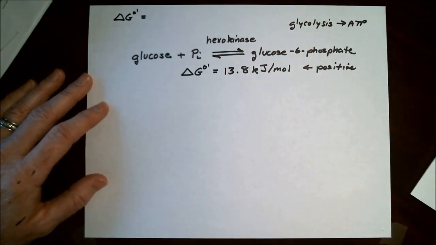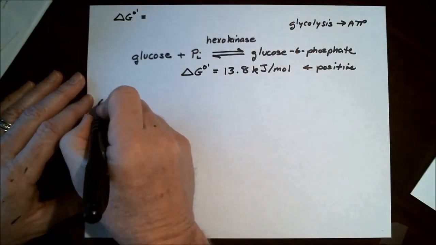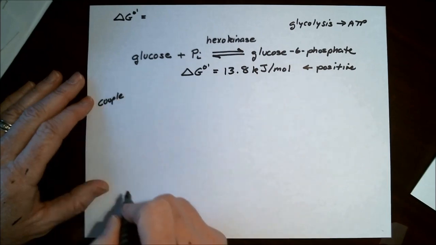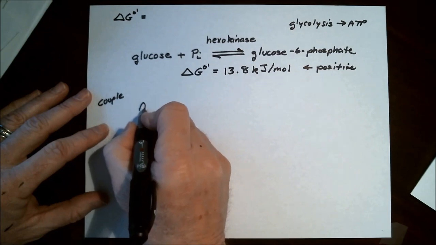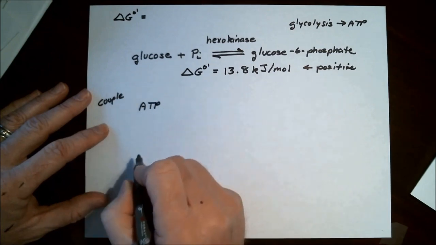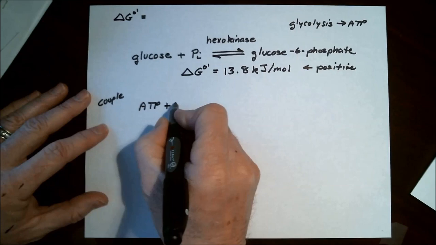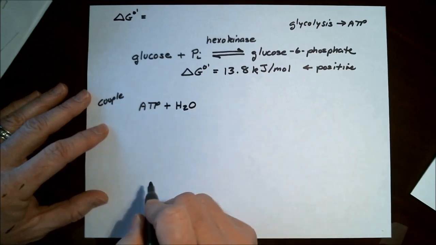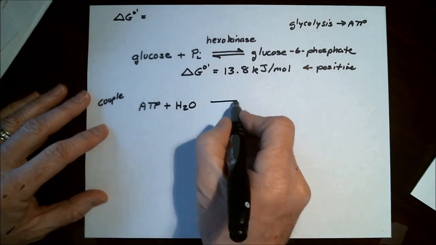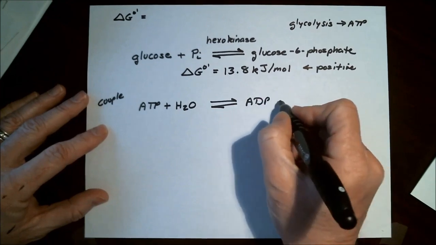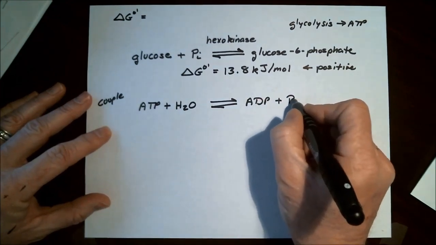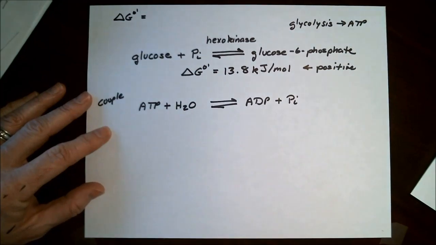So, how do we make this reaction go forward? Well, we are going to couple this reaction with another reaction. And that reaction is the hydrolysis of a phosphate linkage on ATP, adenosine triphosphate, to form adenosine diphosphate plus inorganic phosphate.